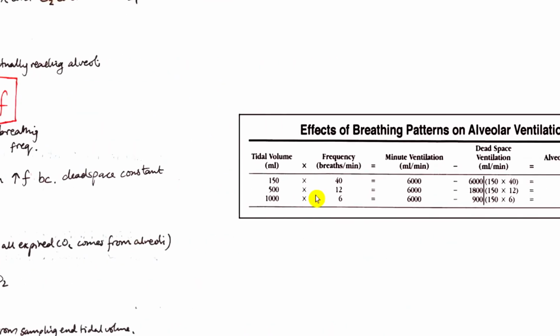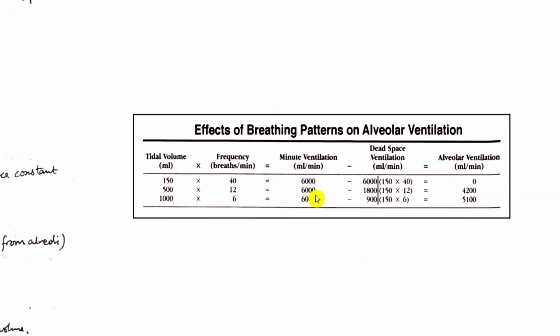We can have a look at how this is demonstrated here. So if this person has a tidal volume of 150 milliliters, and they have a lot of breaths, so 40 breaths per minute, then their minute ventilation will be 6,000, but their dead space will also be 6,000, so they're getting no alveolar ventilation, which is not very useful.